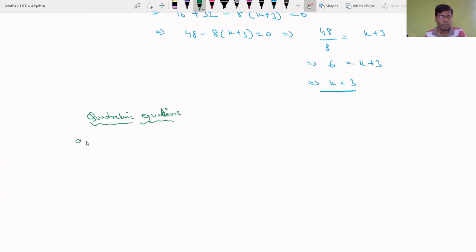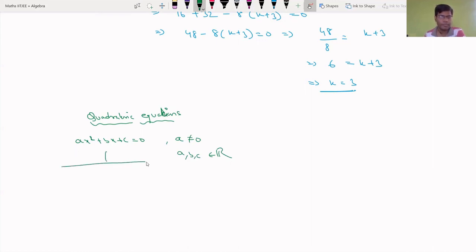Any equation of the form ax square plus bx plus c is equal to 0 is a quadratic equation, provided a is not equal to 0, because if a becomes 0, then it becomes a linear equation. And here we consider a, b, c belonging to real numbers. So they are real numbers.